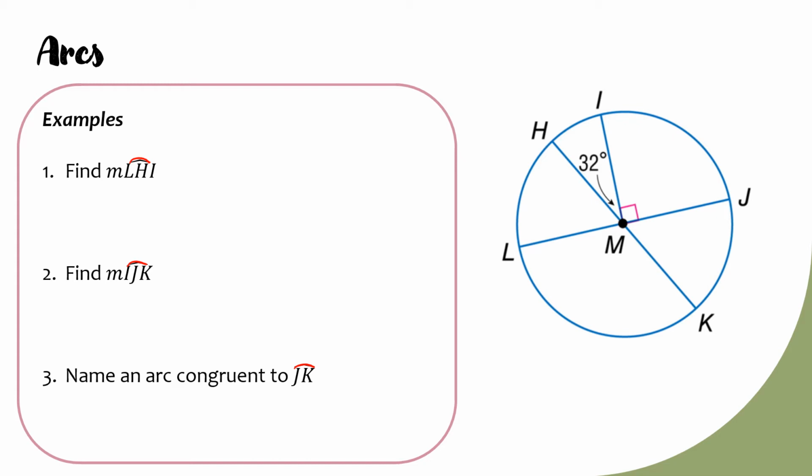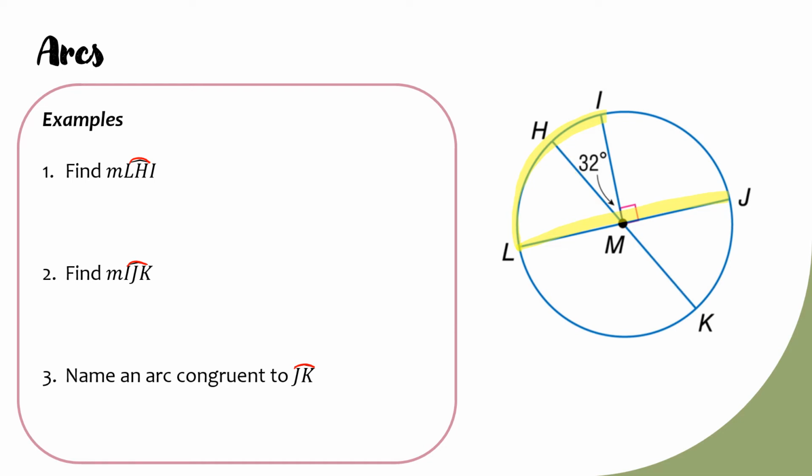LHI. Let's figure out where that is, first of all. Here it is. Let's take note of some things going on in our circle M. We do have a couple of diameters, chords that go through the center of my circle. One of those diameters is LJ here.